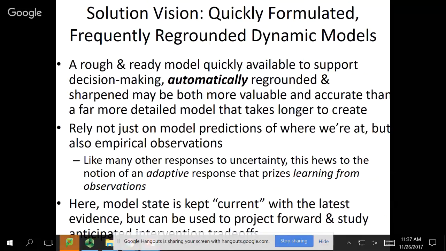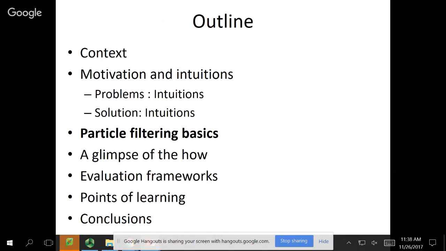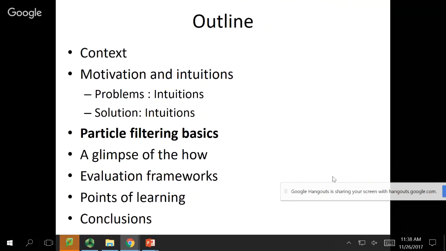But we rely on empirical observations. We learn from observations, in terms of our understanding of the model state and in terms of our understanding of parameter values. So here, model state is kept current with the latest evidence. And by being kept current, we can use it to project forward and anticipate intervention trade-offs with greater clarity. Okay, so those are some motivations.